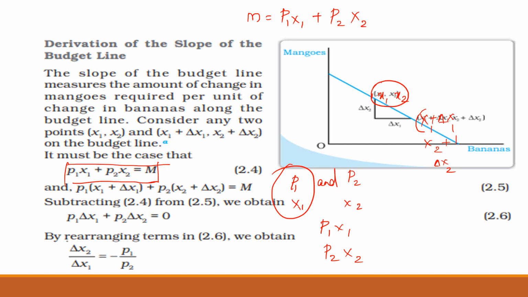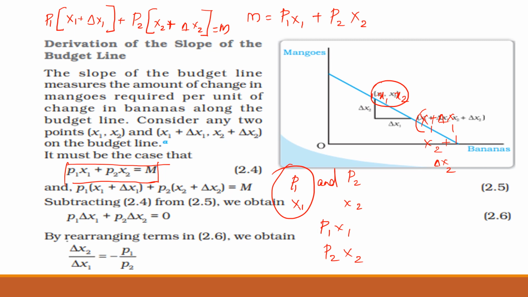How can you consider the change? So this would be equal to P1 into X1 plus change in X1, that is delta X1, plus P2 into X2 plus change in X2. This would be equal to M. Okay.